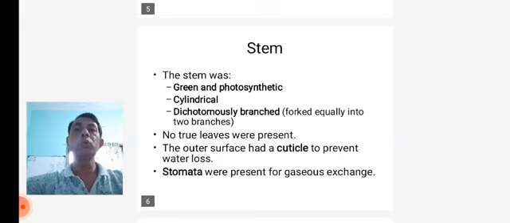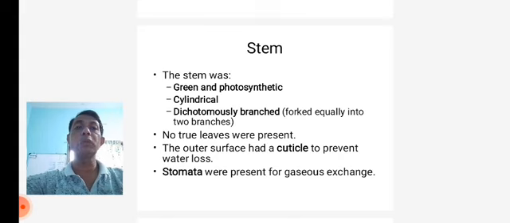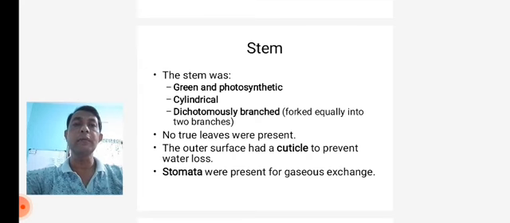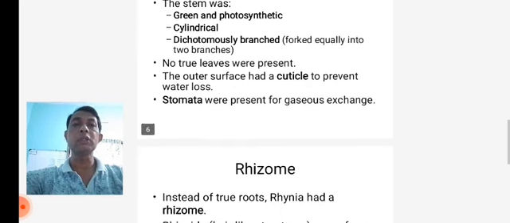No true leaves were present. The outer surface had a cuticle to prevent water loss, and stomata were present for gaseous exchange. Compared to higher plants, the stem of Rhynia is very simple, but compared to the aquatic algae, it has somewhat developed structures.